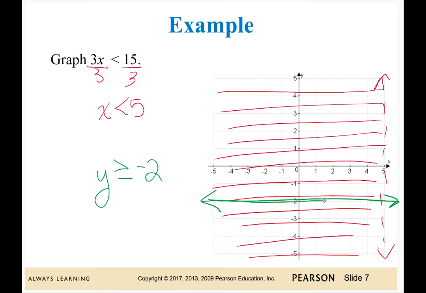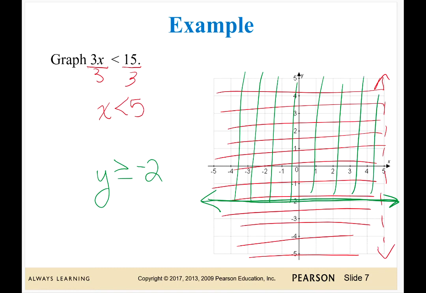That'd be solid, and then y is greater than, meaning you'd be shading up like that. So yeah, vertical and horizontal lines are definitely a little bit more straightforward than the ones that are on a slant. If you have a positive or negative slope, then you're definitely going to have a little more trouble. But when it comes to vertical and horizontal, it's very straightforward.